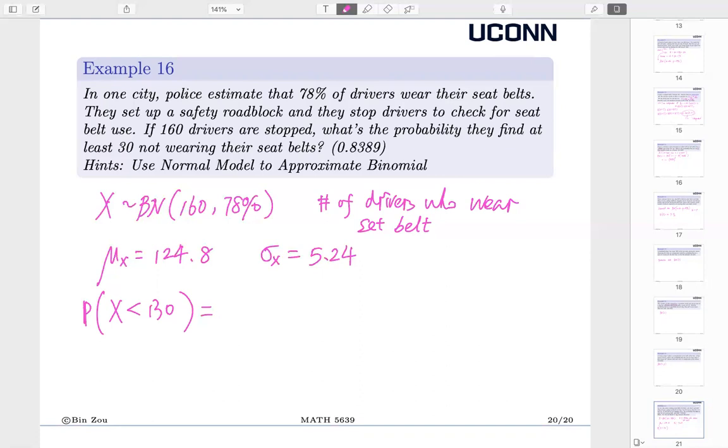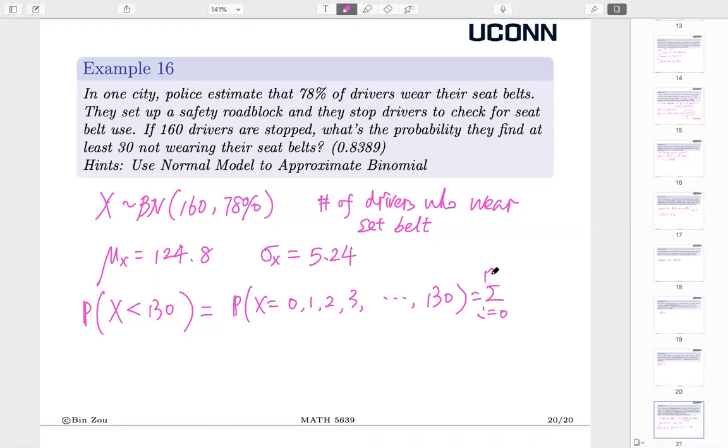So this is binomial, okay? So technically speaking, you can actually use computer to calculate this because you can break this down as 0, 1, 2, 3, all the way to 130, right? Because the number of drivers is definitely an integer, right? It's not 1.5, 2.1, right? So it will be one of those numbers, and you can calculate each and every one of them, and then you sum up.